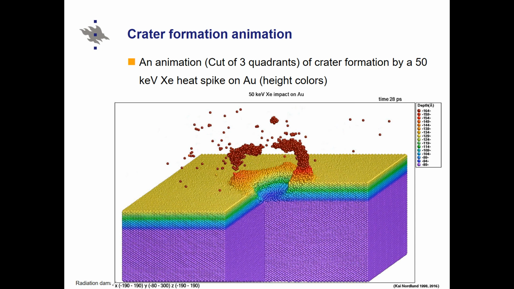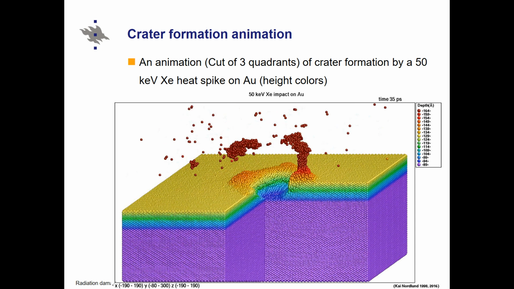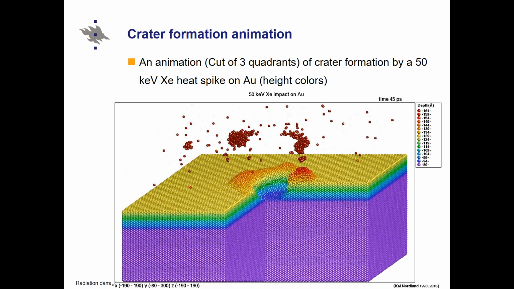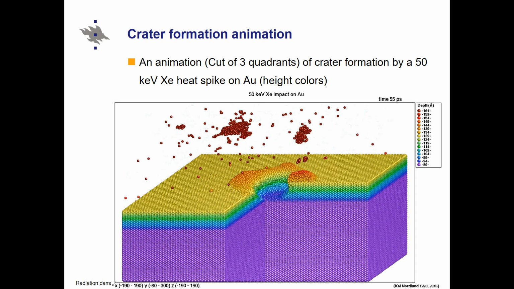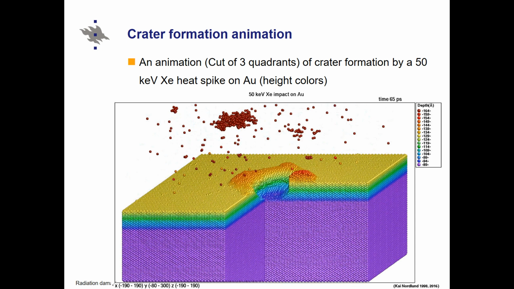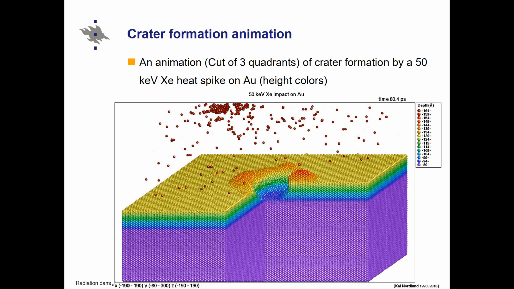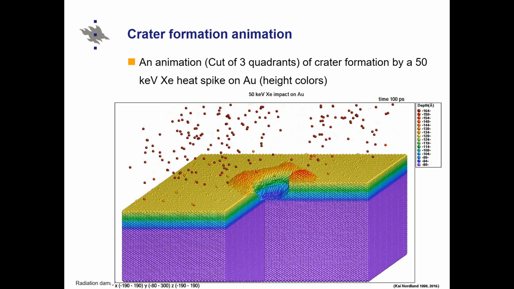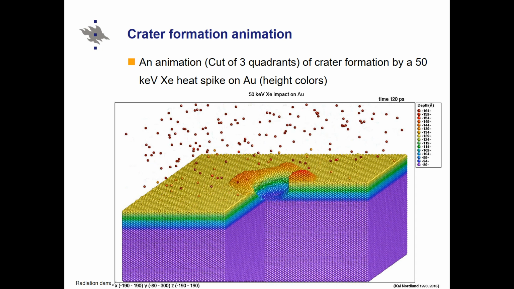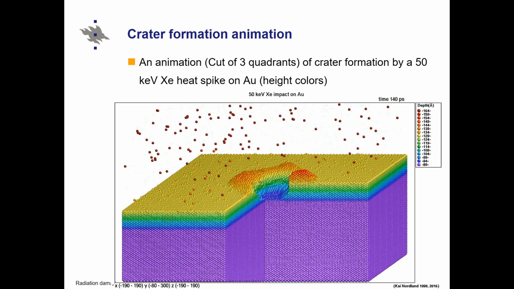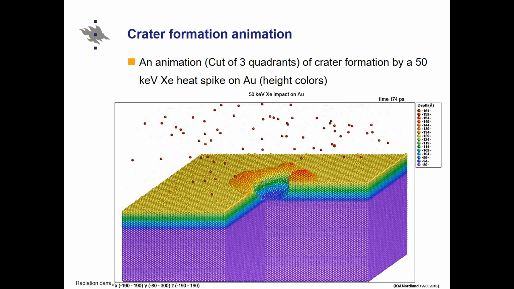It breaks up, and then you have some stuff flying up. You see very hot liquid flying up, which then boils away the atoms, and then you have this crater shape forming on the surface, and actually all the atoms fly off.